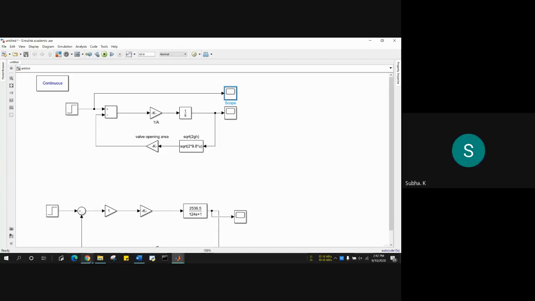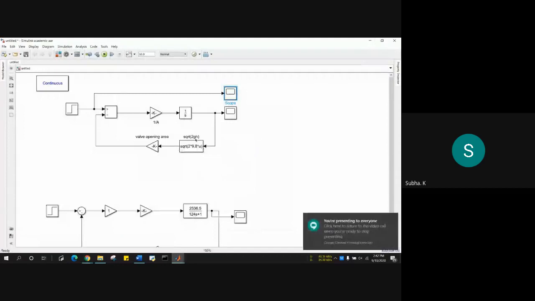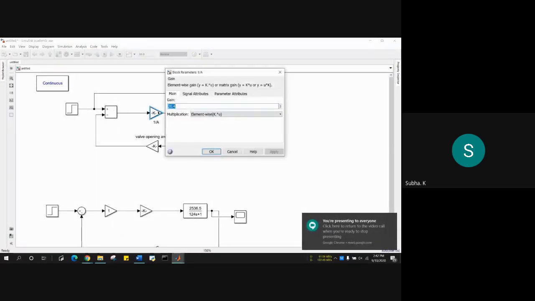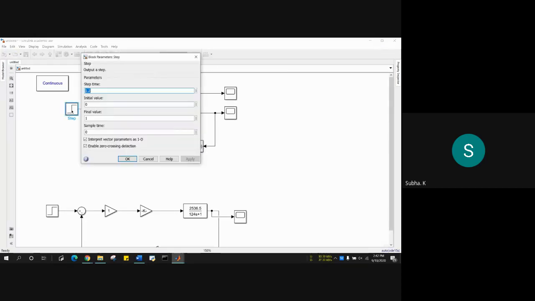Ma'am, this one. Open it and check. Let me check, Akshat. What is the step input that you have given? That is a flow rate. You adjust that to 0.000314, not 1.2.